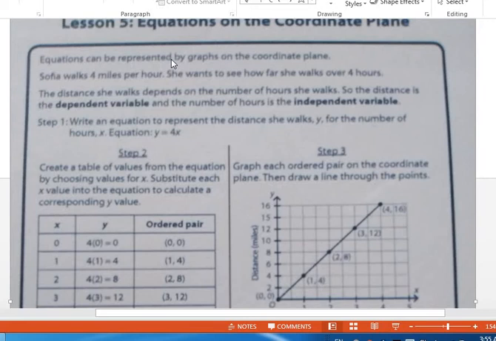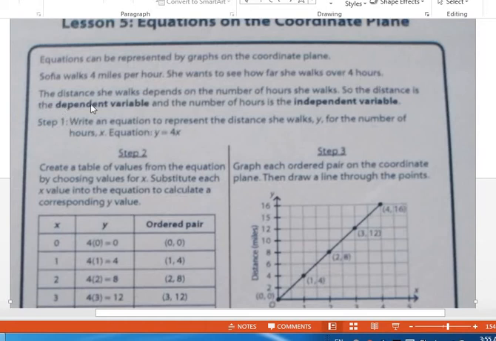In your practice book, equations on the coordinate plane. Equations can be represented by graphs on the coordinate plane. Example: Sophia walks 4 miles per hour. She wants to see how far she walks over 4 hours.